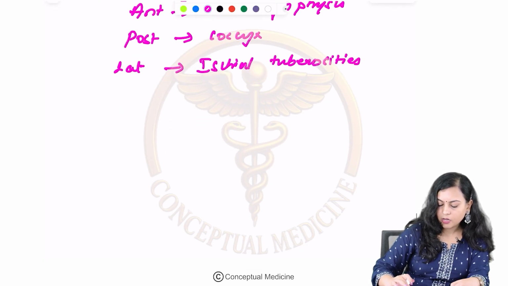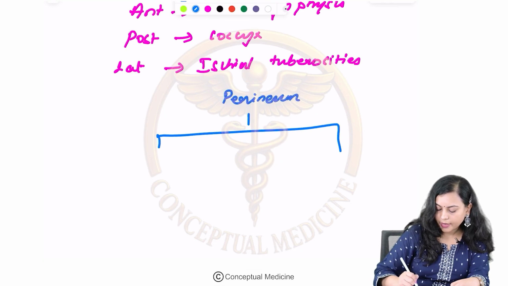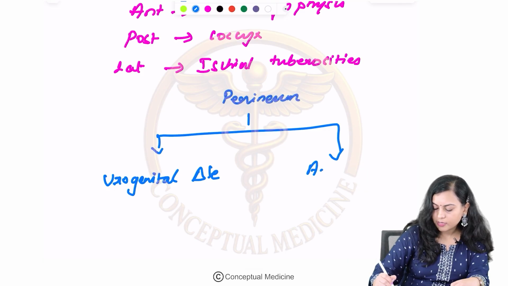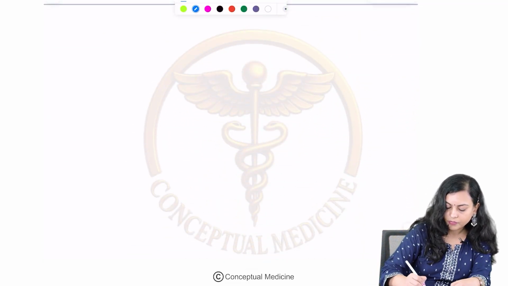Right? Now, we will join the ischial tuberosities and the perineum can be divided into two triangles. The first triangle is a urogenital triangle and the next triangle is the anal triangle. Now, we will see about the urogenital triangle.